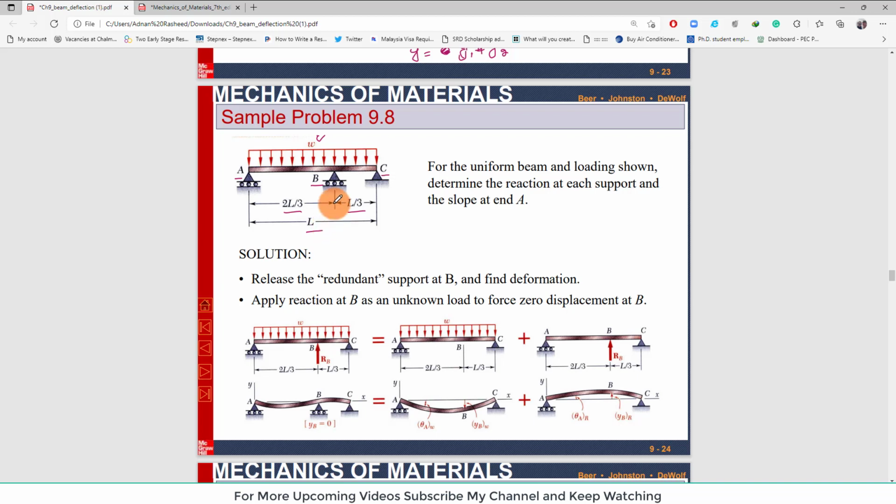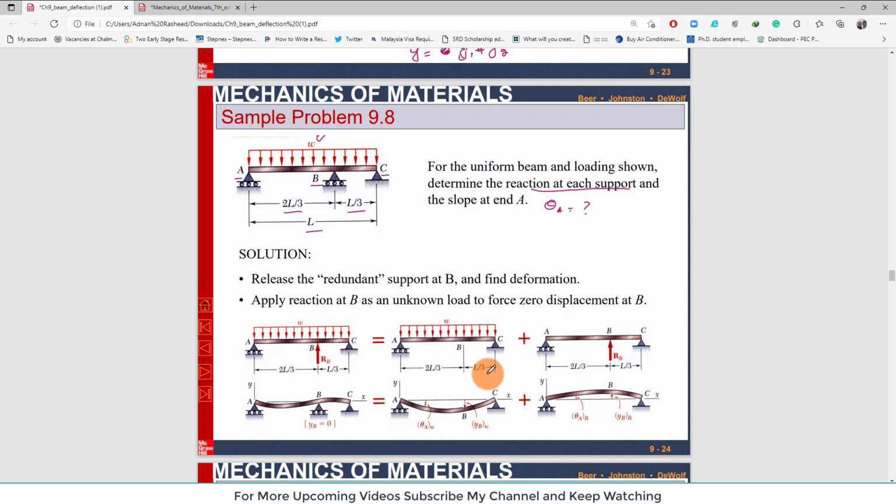So the total length is L. The question is that for the uniform beam and loading shown, determine the reaction at each support and the slope at the end. So you have to find the reaction force at A, B, and C, and the slope at point A. Clear?